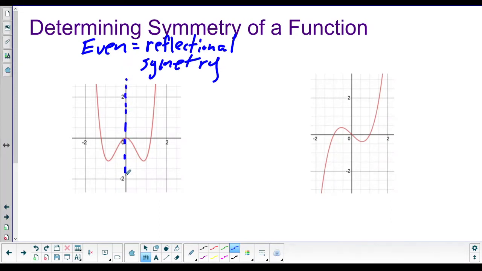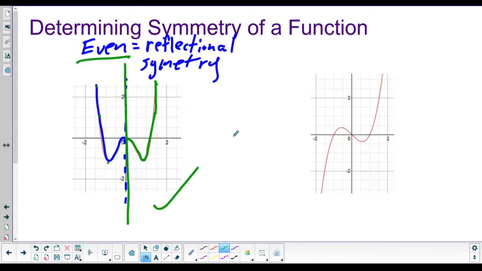So what that means is if you took your graph and you folded it on the y-axis, the left side should exactly line up with the right side. So if I took this thing, folded it there, this would go here, this would go here, this would go here, and it would all line up perfectly. So this one is definitely even. Okay, check mark.